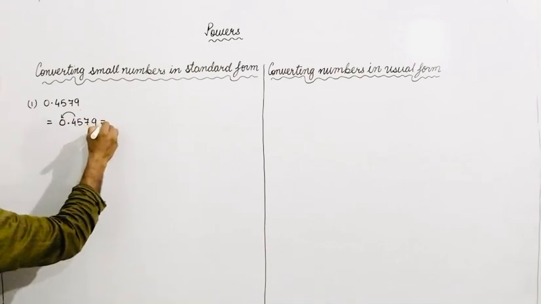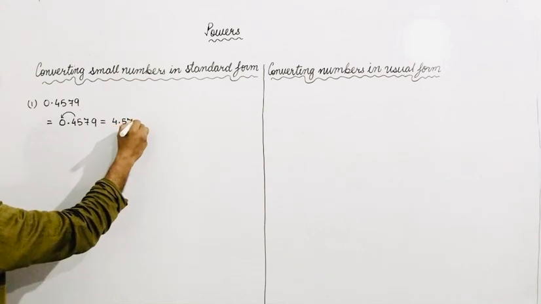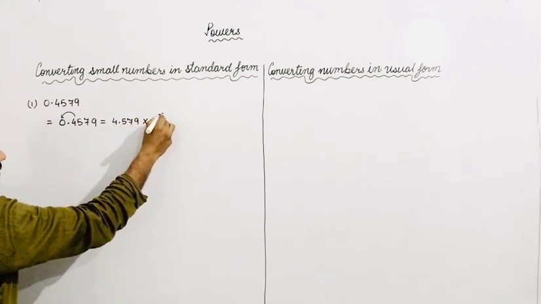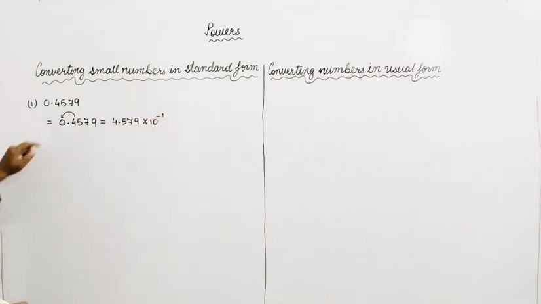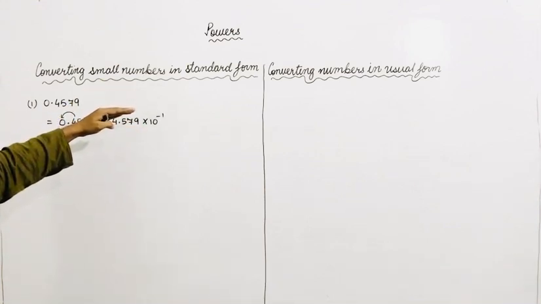So it becomes 4.579 into 10 to the power minus 1. When you bring any number after the decimal towards the decimal, before the decimal, you raise it to a negative power.